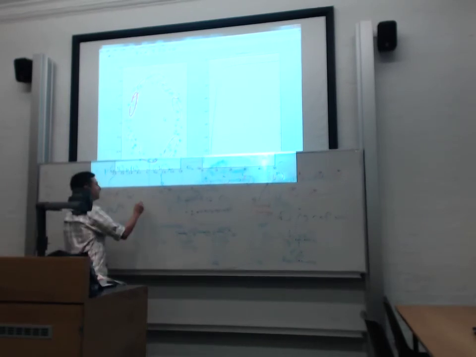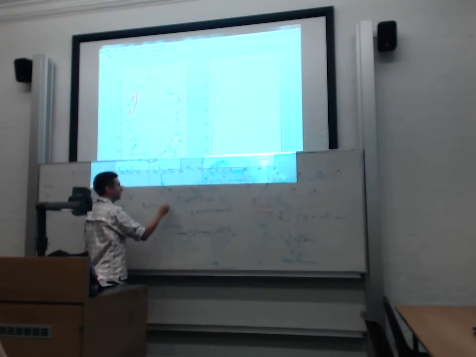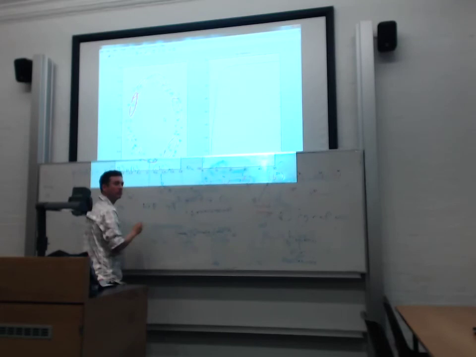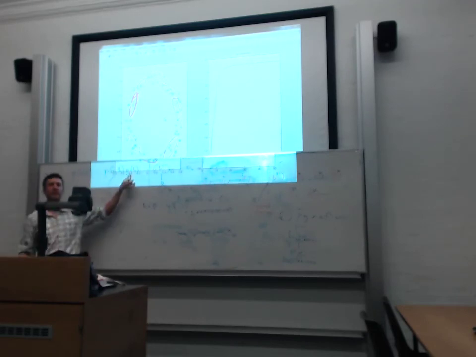And P of h is going to be, h is just an element of 1 to 10. So I'm going to have 10 Gaussians. The parameters are: I want to learn where to place these means, and I want to learn the weighting of each of these Gaussians.